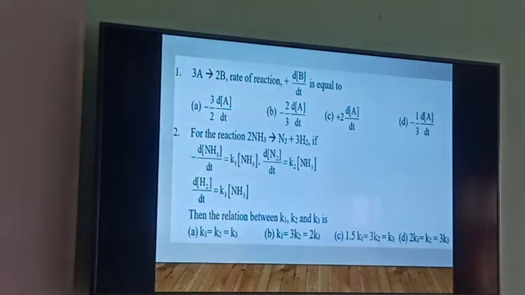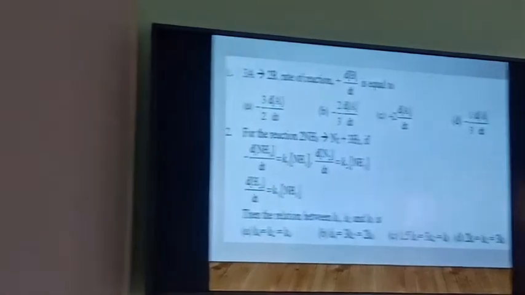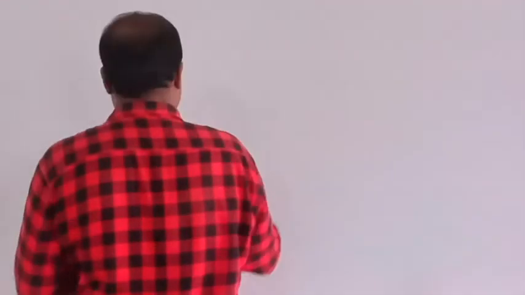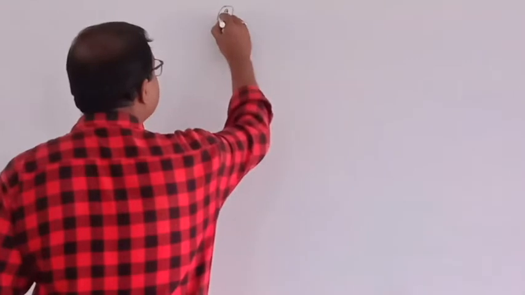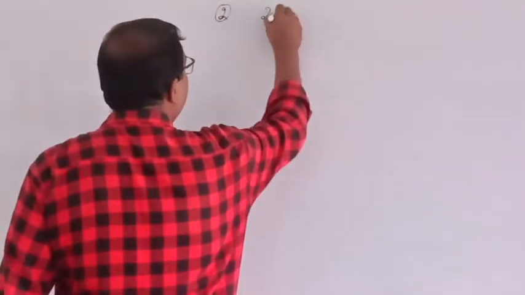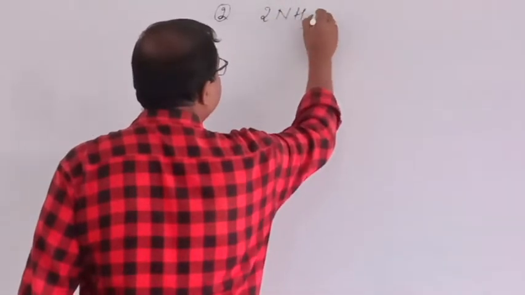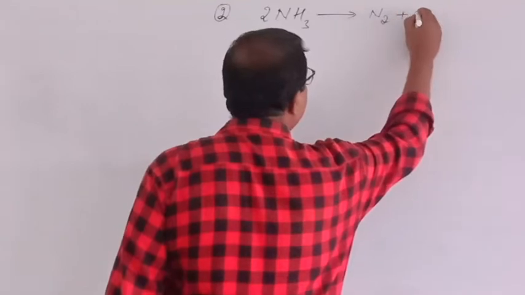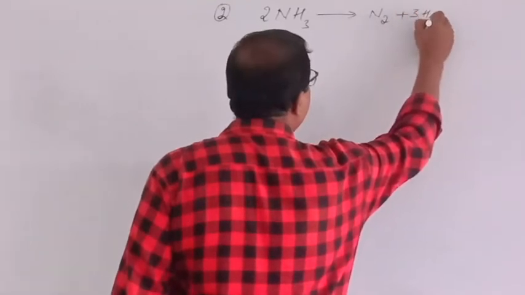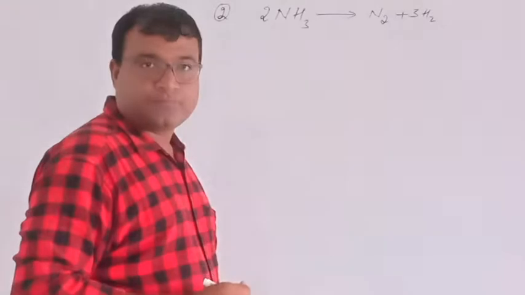First, write the equation. Question number 2. What is the question given? The question given is 2NH3 gives you N2 plus 3H2. This is the question. Clear?